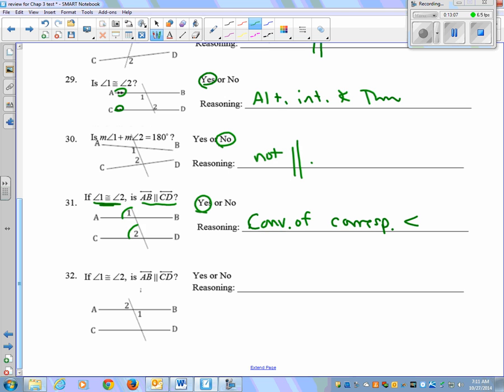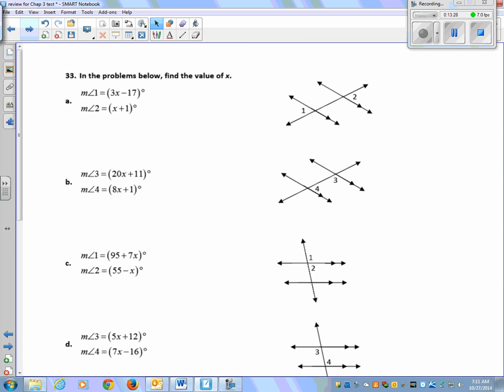Remember, whenever we're concluding that the lines are parallel, that's the converse of. Okay, and angle 1 congruent to angle 2. Is AB parallel to CD? Not necessarily. These are just vertical angles. Vertical angles do not help us conclude that lines are parallel.